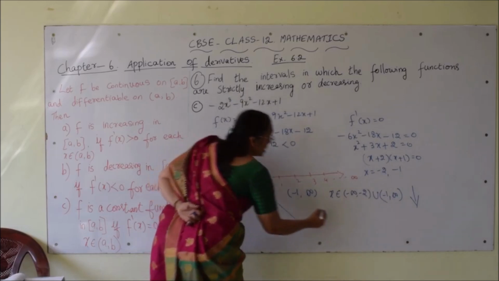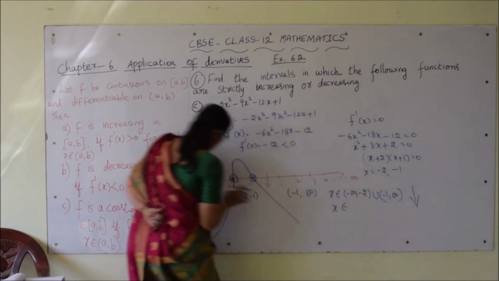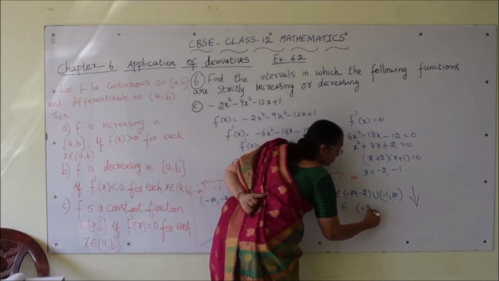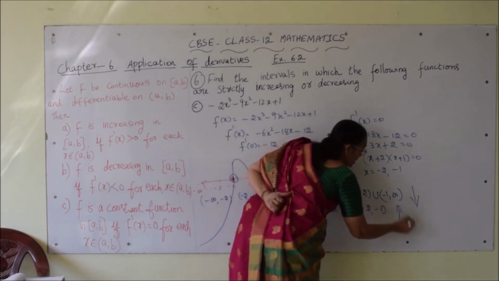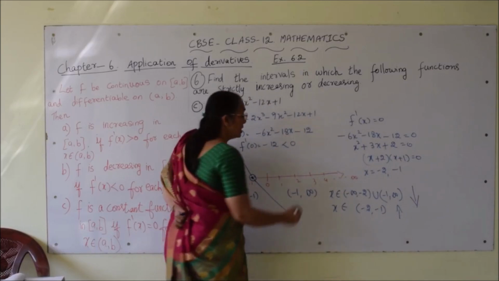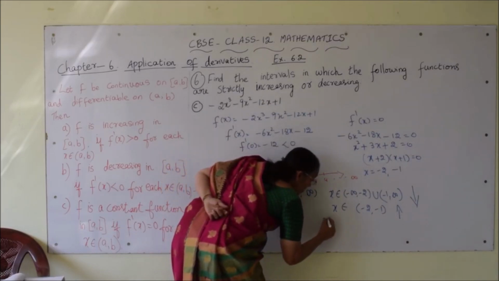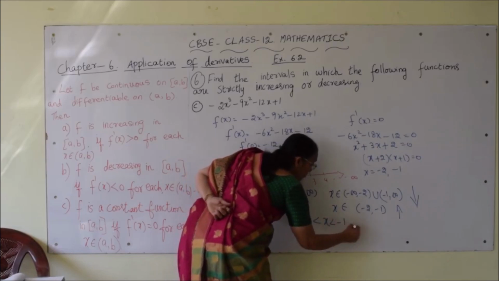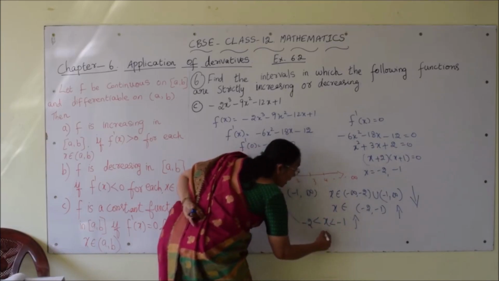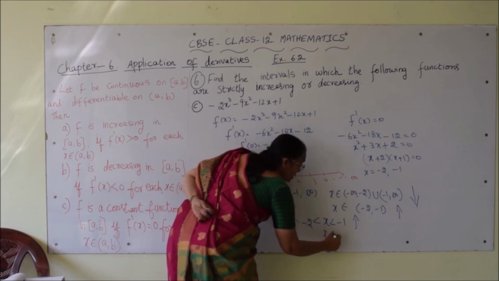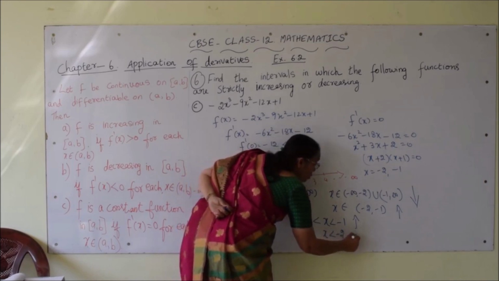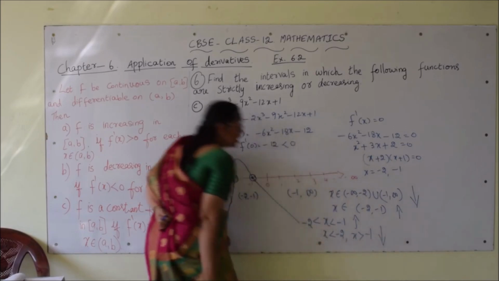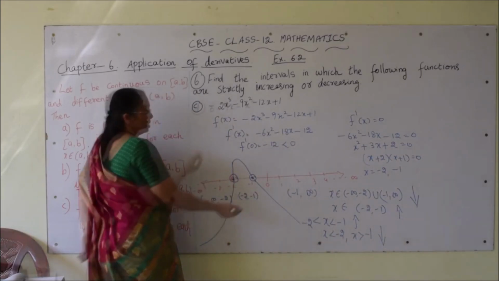And for x belonging to the interval minus 2 comma minus 1, the function is increasing. In other words, the function is increasing when x is between minus 2 and minus 1, and when x values are less than minus 2 and x values are greater than minus 1, the function is decreasing. These are the two ways of giving the answer.